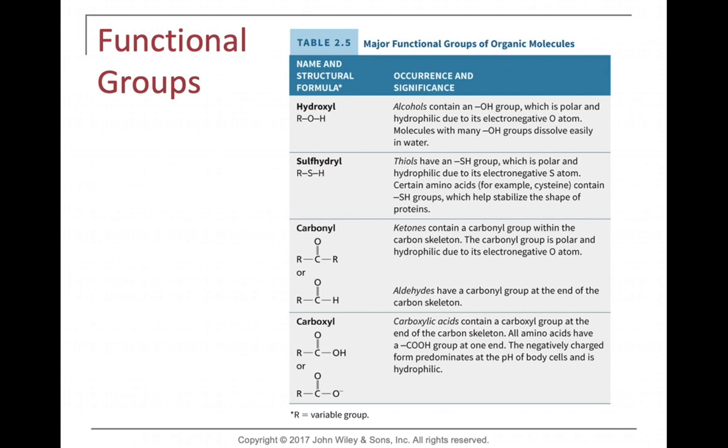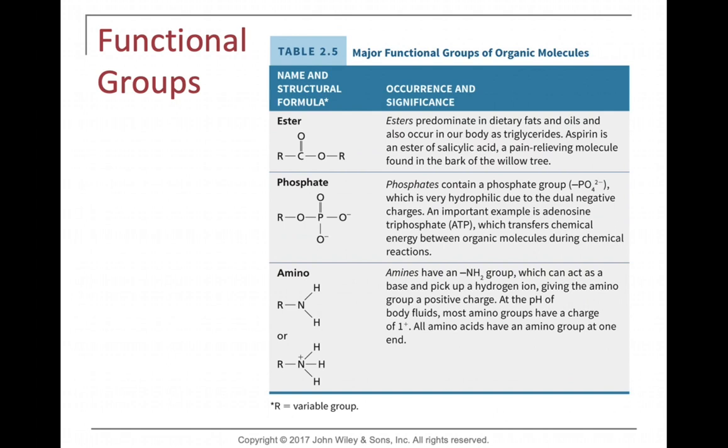You'll see when I cover proteins, or amino acids, that they have this COOH functional group at the end. The negatively charged form predominates at the pH of the body cells and is again hydrophilic.